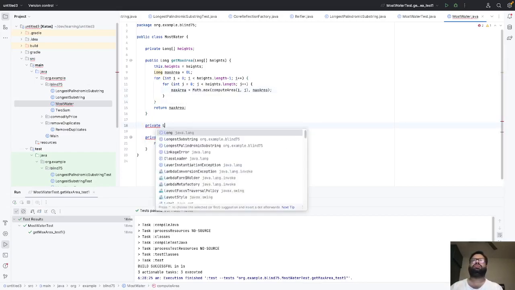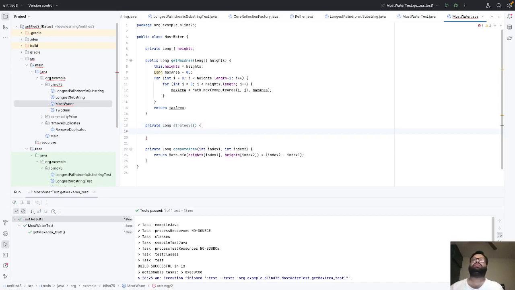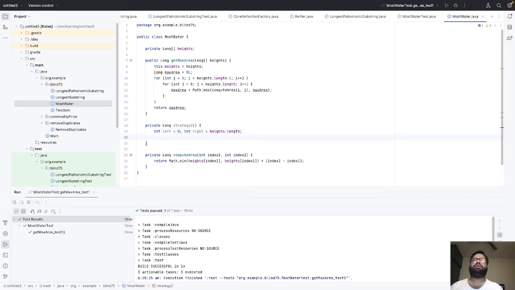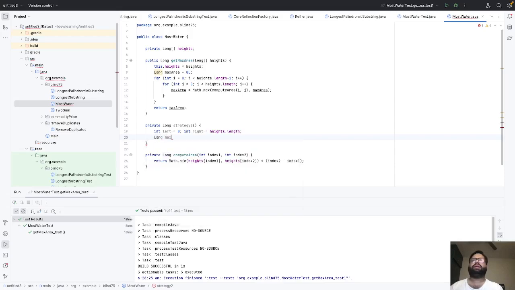Strategy two. Int left equals 0, int right equals heights dot length. Long max area equals compute area left comma right.